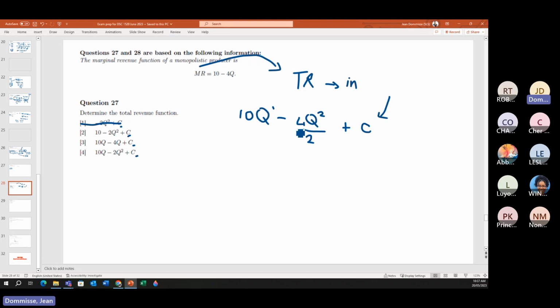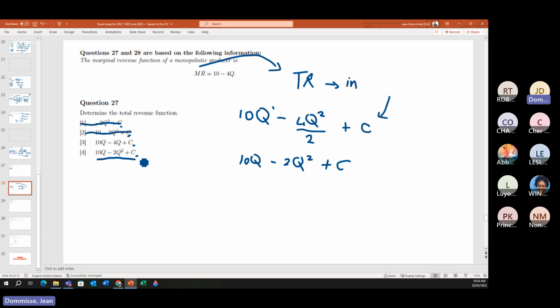Let's see. 4 divided by 2 is 2. Not that one, because we need to have 10q.